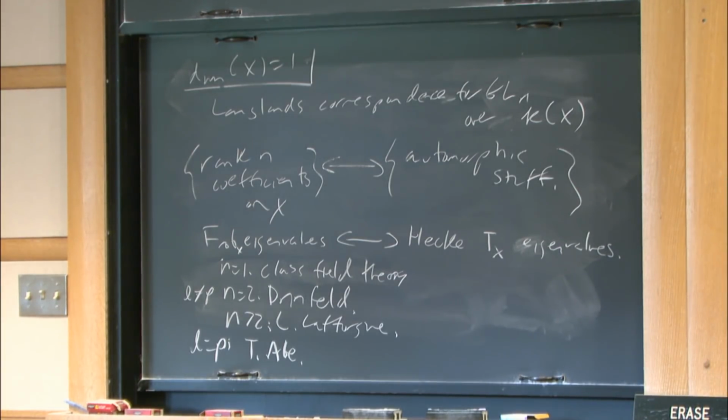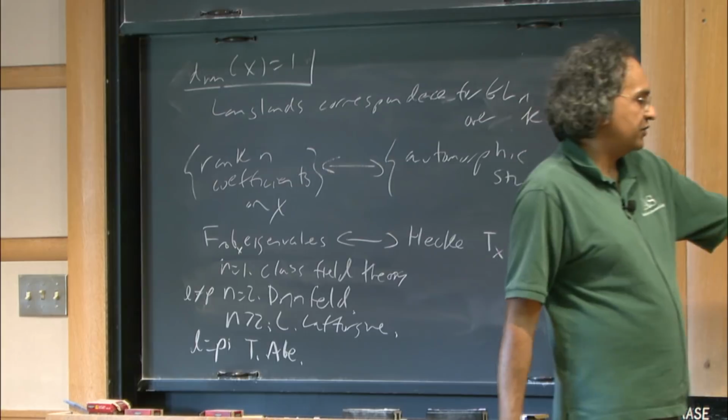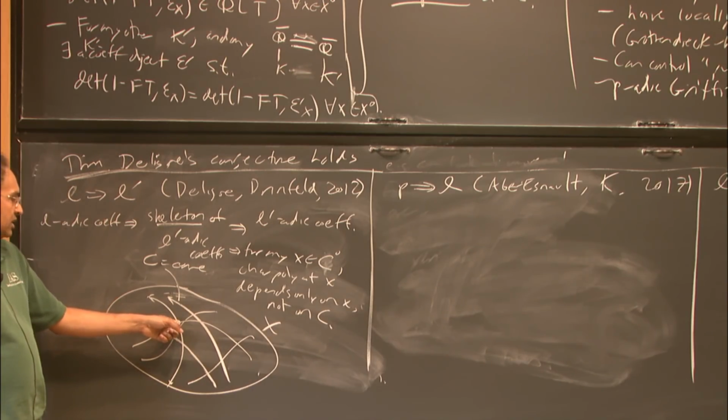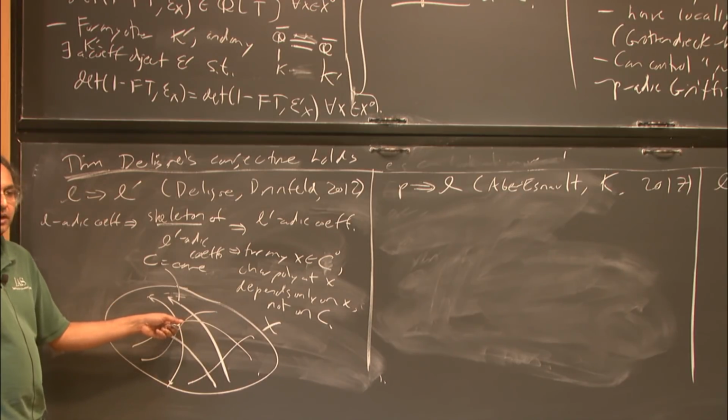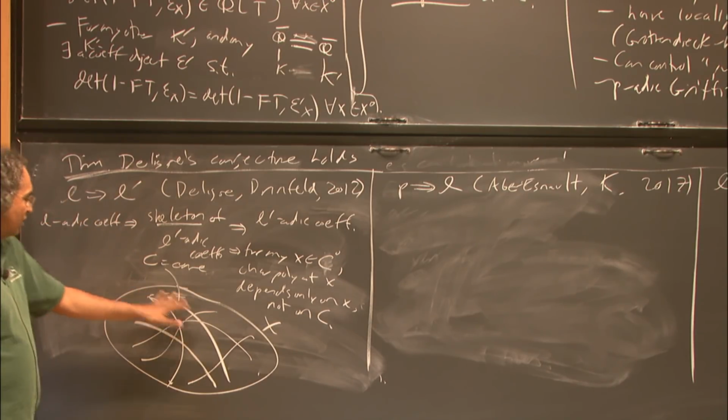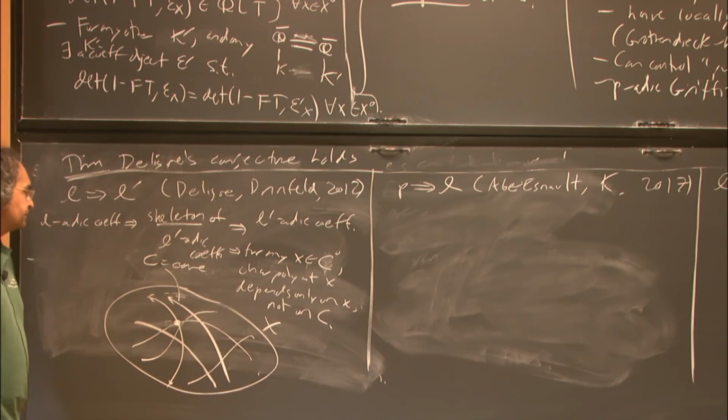So the skeleton has the property that for any closed point x, the characteristic polynomial at x depends only on x, not on C. If you have any closed point on one of these curves, then the characteristic polynomial of the coefficient that you're considering on x is independent of which curve you're taking that passes through this point. That's a very strong restriction on these coefficient objects.